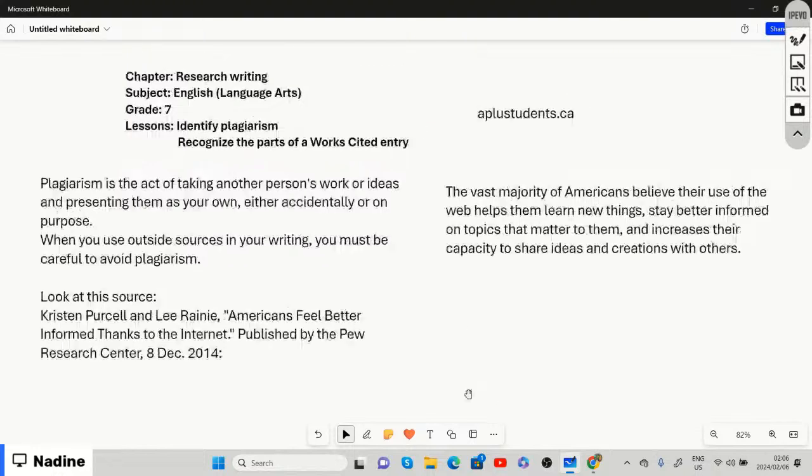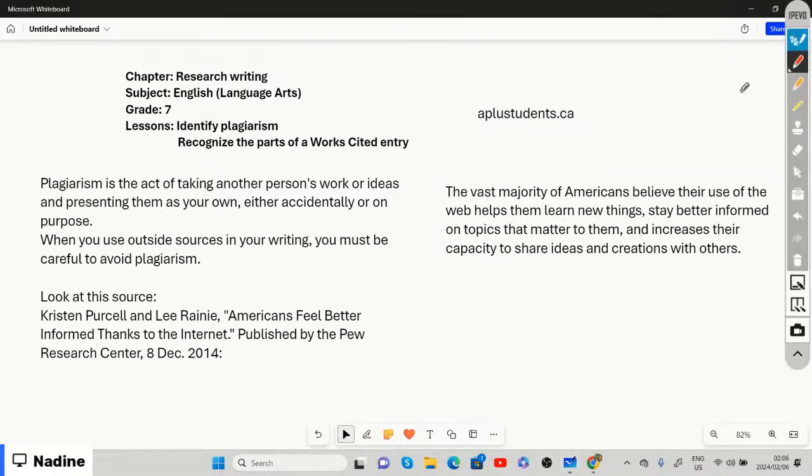All right. So plagiarism is the act of taking another person's work or ideas and presenting them as your own. You either do it accidentally or on purpose.